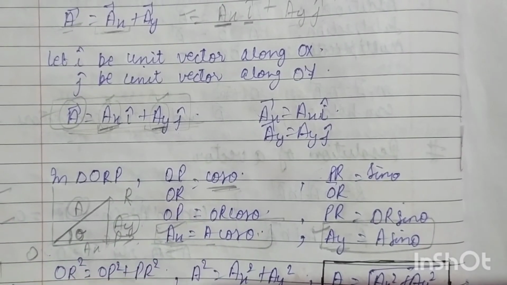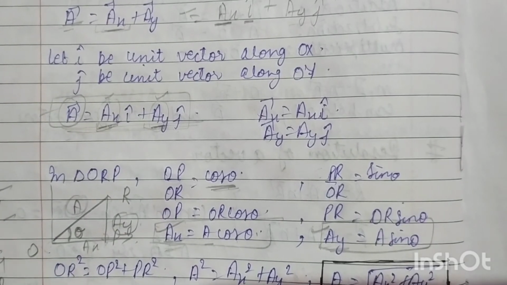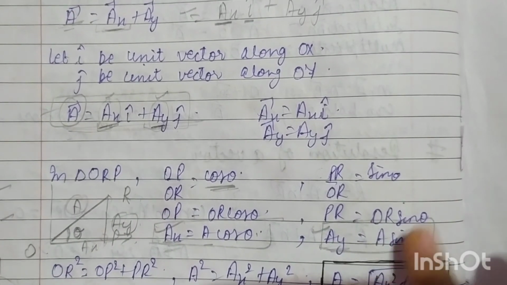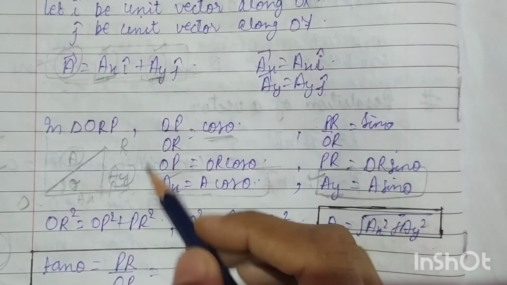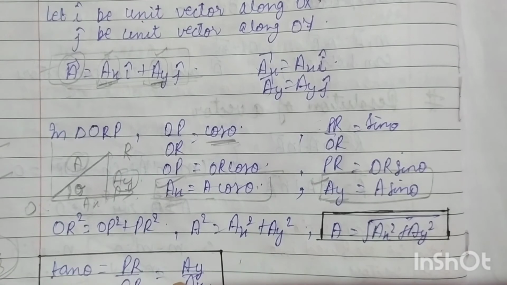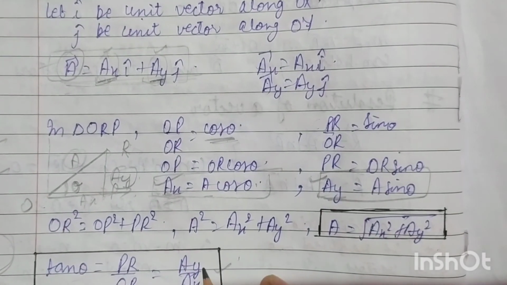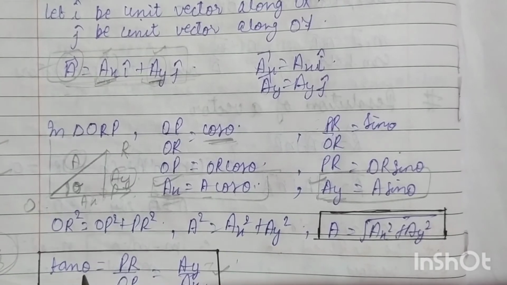We know tan theta is perpendicular upon base. Perpendicular is PR and base is OP. So tan theta is AY divided by AX, and if we know AY and AX, we can easily find theta.